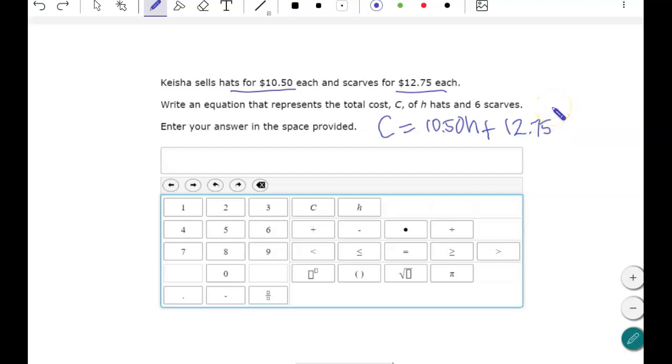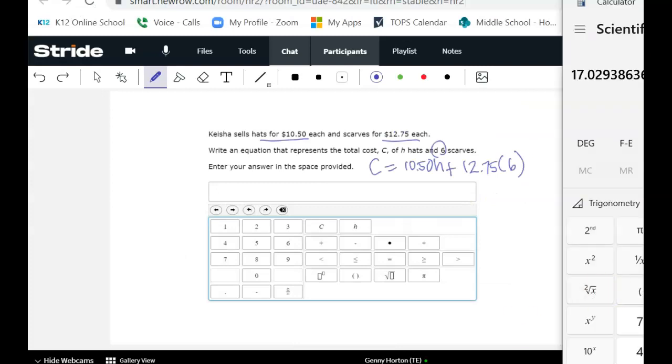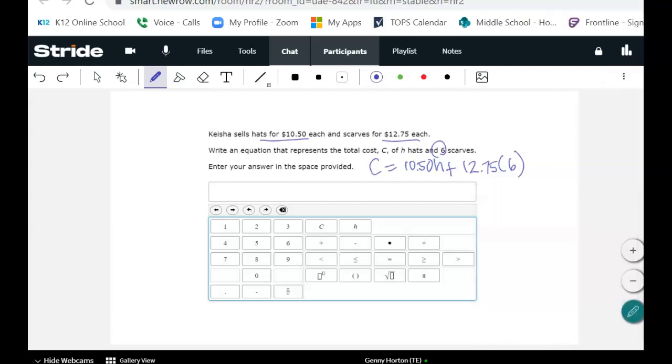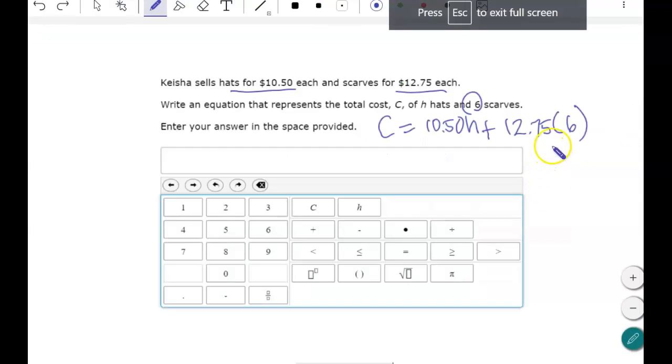Oh, so nope. So that one, we know that she gets 6 scarves. So we actually need to multiply the $12.75 by 6 to complete the equation correctly. So 12.75 times 6 is $76.50. Now it is money, so make sure you put the 76.50.